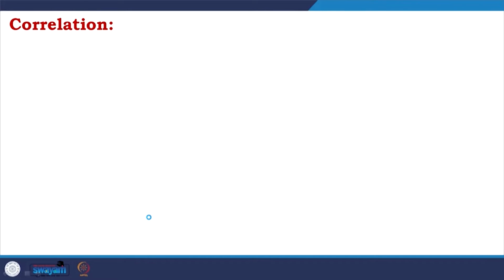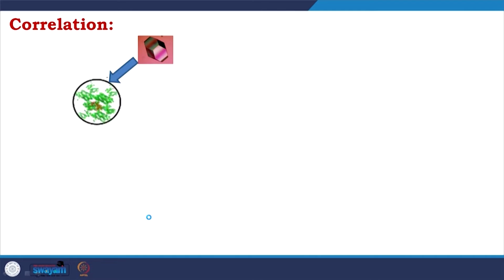I would also like to talk about some correlation. Throughout the story, while data collection, data processing, talking about the crystal, unit cell, and lattice, from a crystal we get the information of a 3D lattice in direct space.